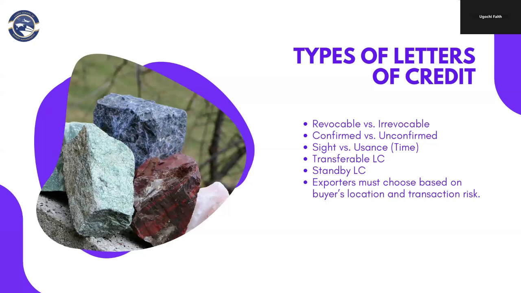The standby letter of credit is one that Nigerian exporters use a lot. Standby means it's not something that you can rotate, it's not something that you can transfer, and you can easily combine that standby with irrevocable. So you can have something like standby irrevocable letter of credit.